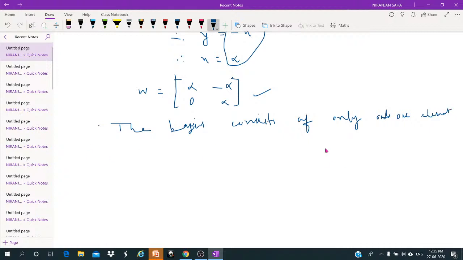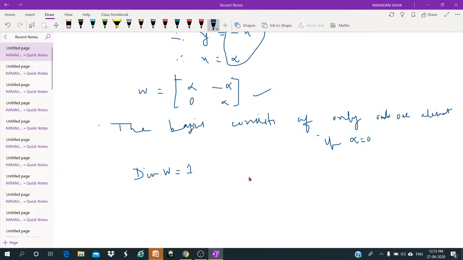So if alpha is not equal to 0, then the dimension of W is equal to 1. We need just one element to generate the other elements.